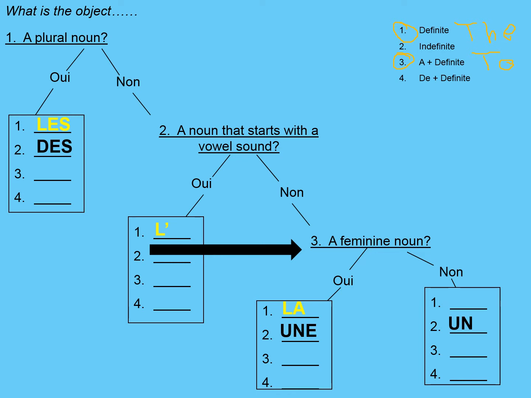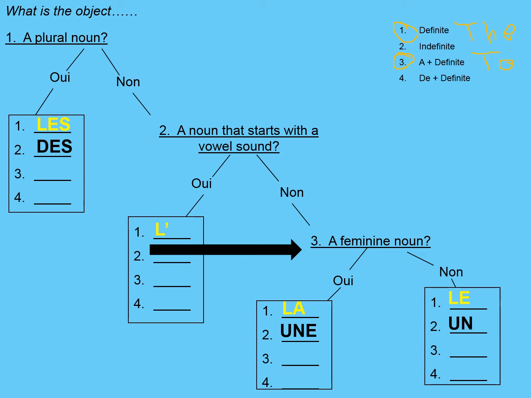It's not plural. It doesn't start with a vowel sound. Boy is not feminine, so it must be masculine. So to say I like the boy, j'aime le garçon. J'aime le garçon. So when we're using the word the, we need one of these determinants, les, L apostrophe, la, or le.